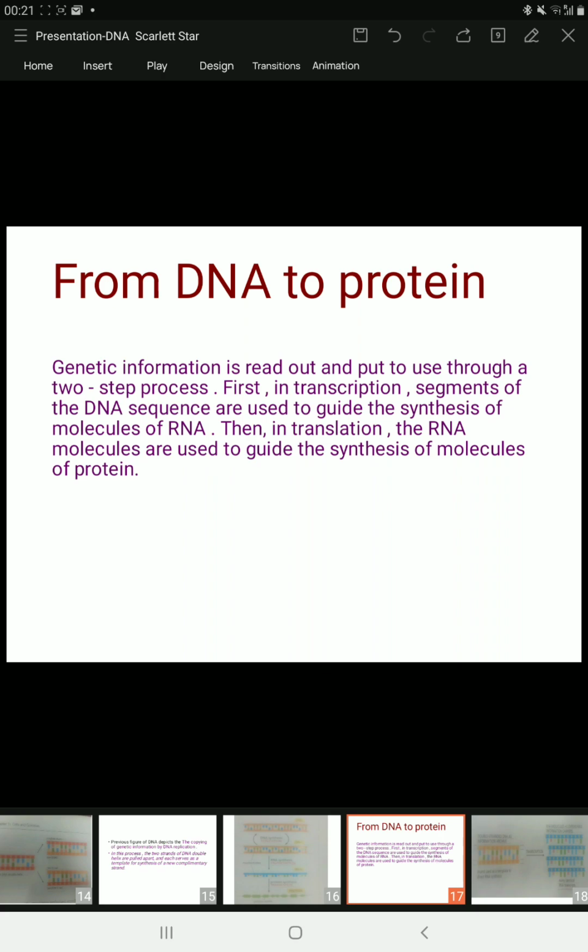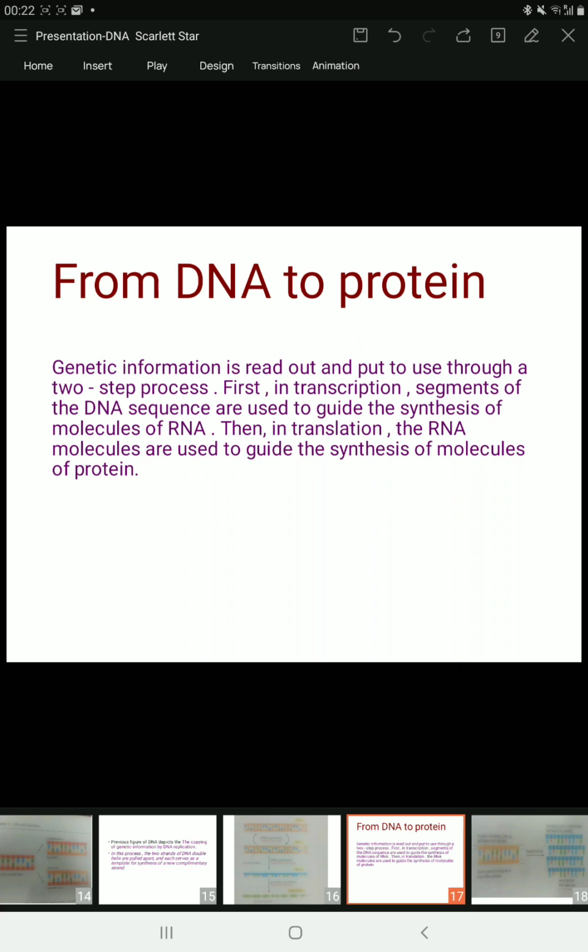That is the transcription process. The cell guides the mRNA to work properly.